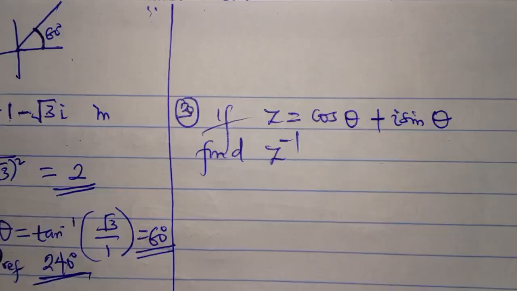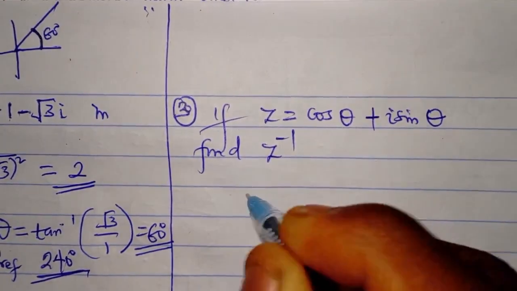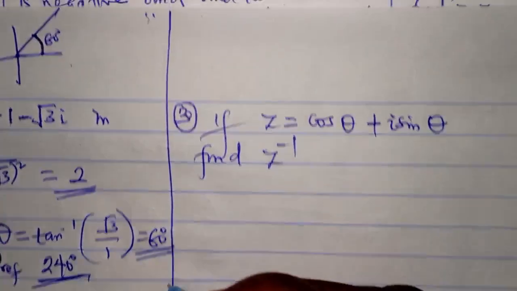That's it. If z is equal to cos theta plus I sin theta, we are to determine z inverse. That's z to the power of minus 1. There are actually two ways, I think, to solve this question, by either writing it as a fraction and then using conjugate, or the second method, which is simpler, is to use the Moivre's theorem. Okay, the Moivre's theorem says that, let's use this complex number now.